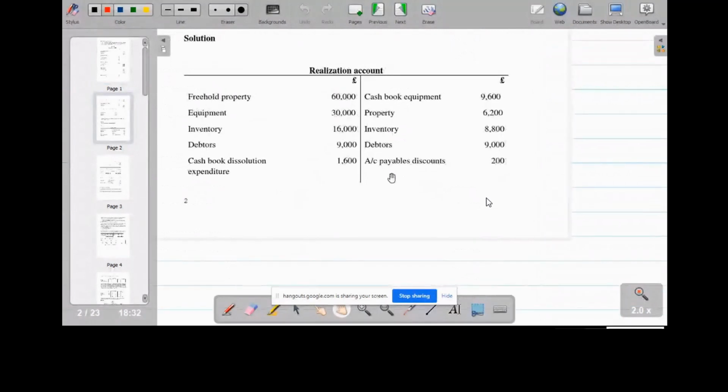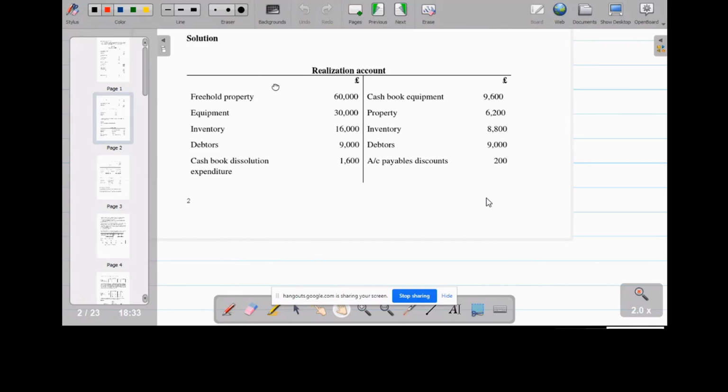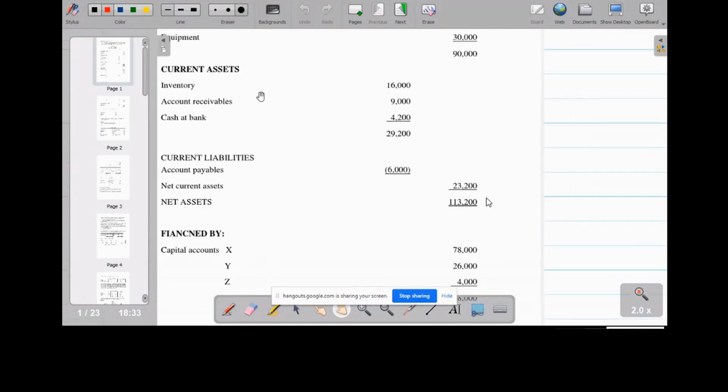We have freehold property 60,000, right? Equipment 30,000. Or are you checking from here? I'm checking from here. Okay, so we need to compare now with these figures.